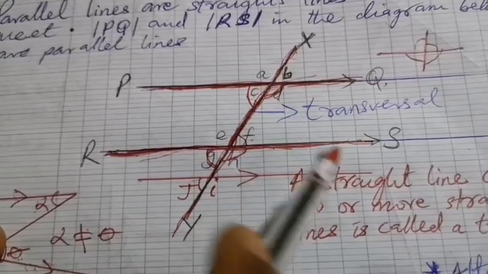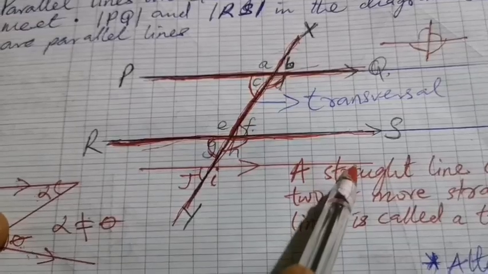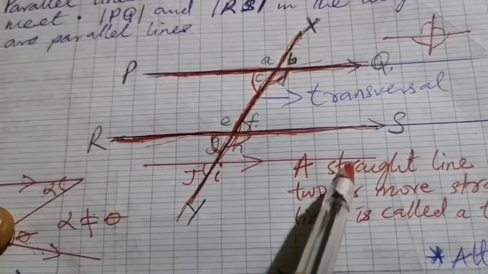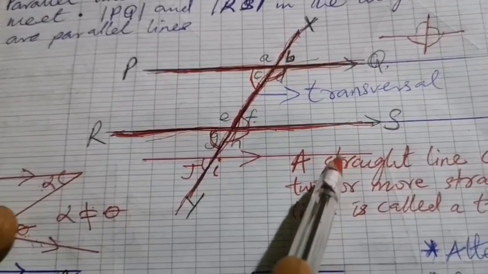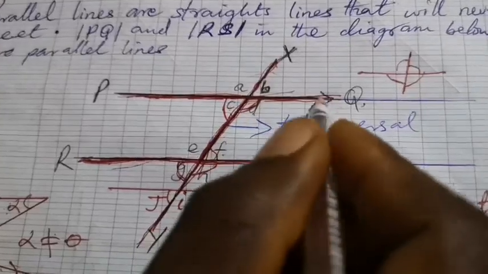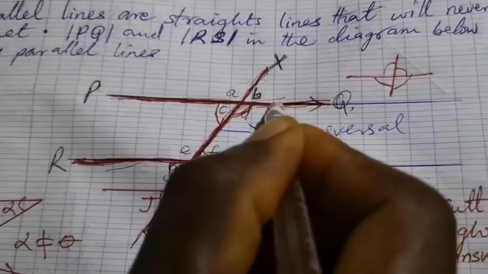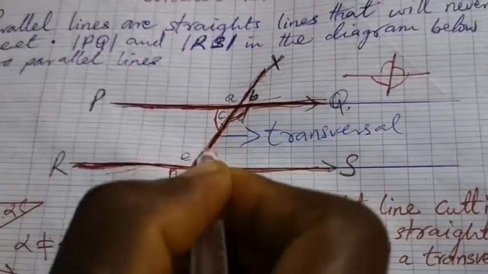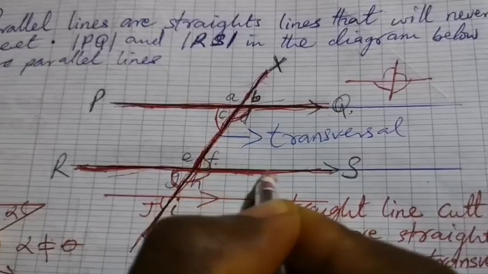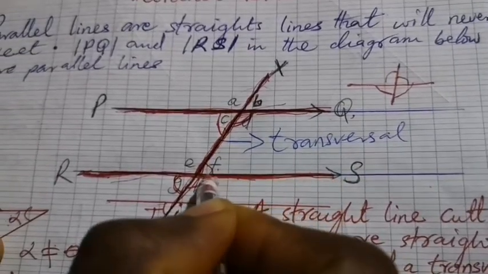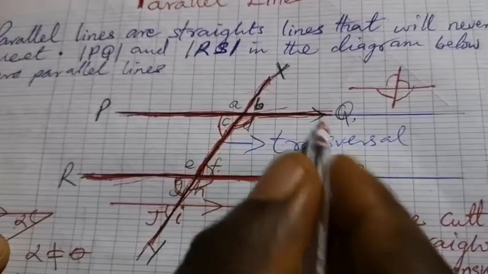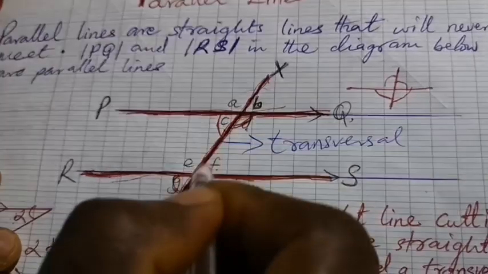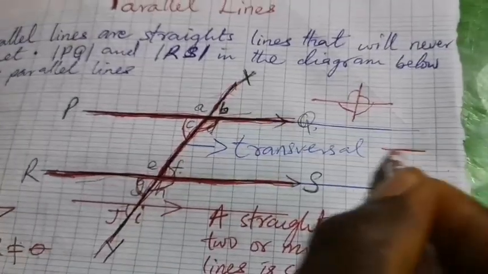Okay, in this place, let's try to trace out opposite interior angles. Now look at this place. From here, I can go down, go like this. So you see that shape.